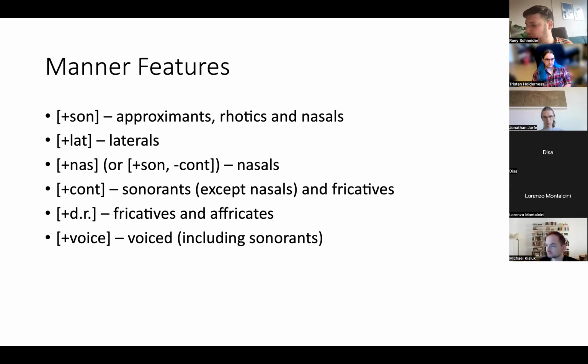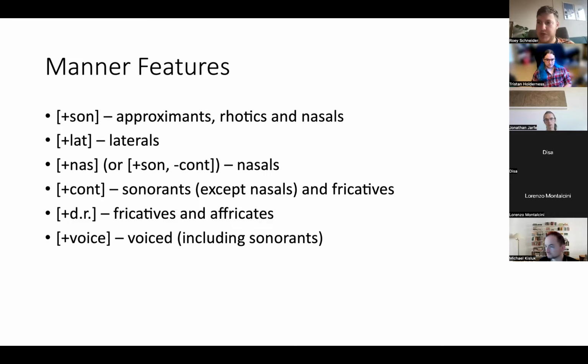I will probably repeat all of this in the next class because it is also quite interesting and complicated. For example, sonorants, a manner feature that differs all of the vowels and sonorant sounds, which are approximants, rhotics, and nasals, from all the other sounds, which are called obstruents, so fricatives and affricates and stops.